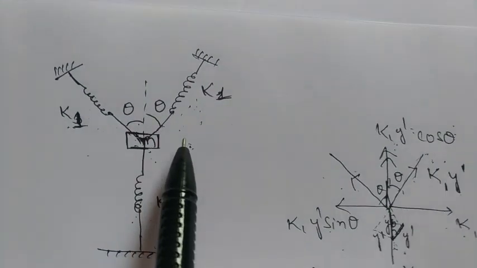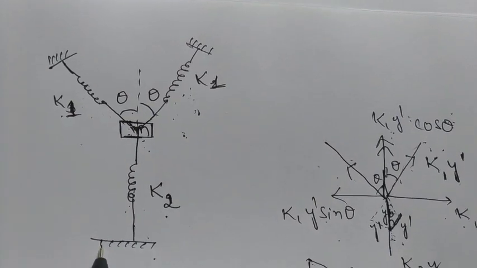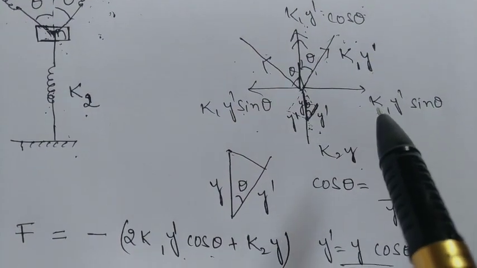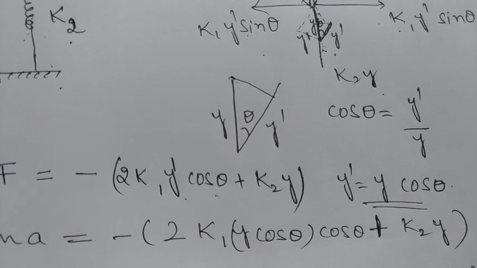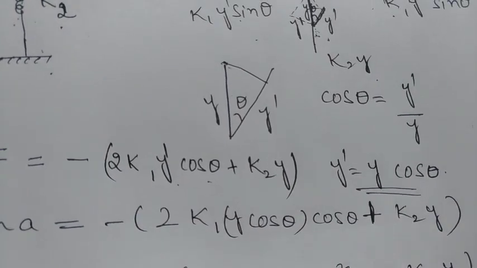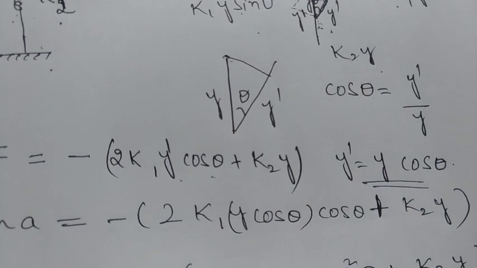If three different spring constants K1, K2, K3 are given, the same method can be applied, but instead of 2 K1 Y dash cos theta, you will get a third term because there are three different spring constants.